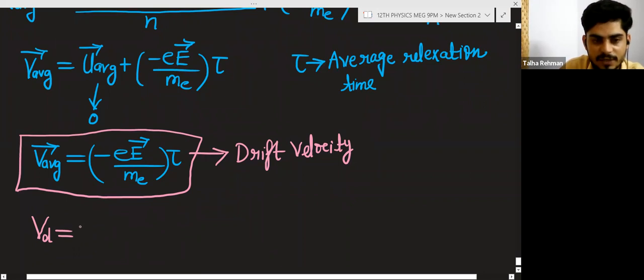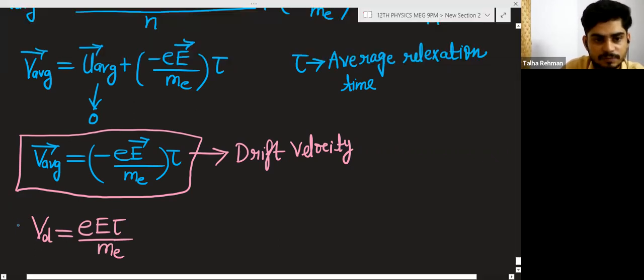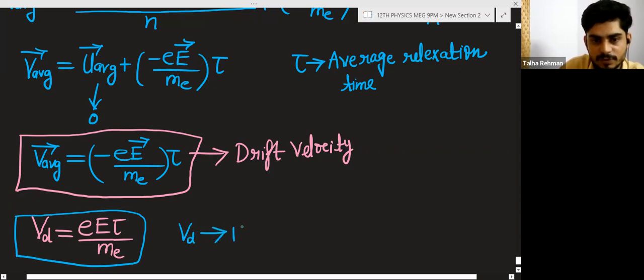This will be e E tau divided by m, mass of electron. You can remember this formula for solving the questions. Vd is the drift velocity.